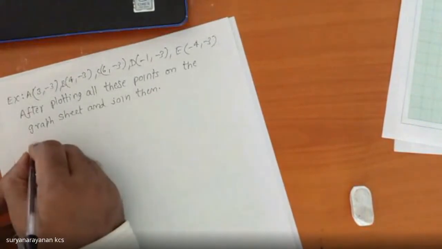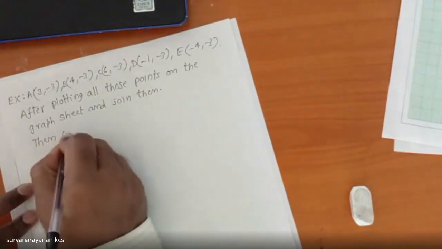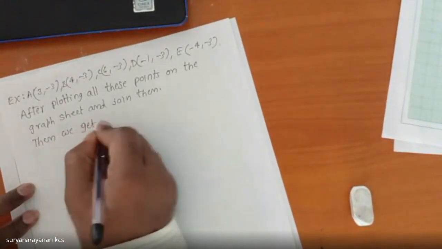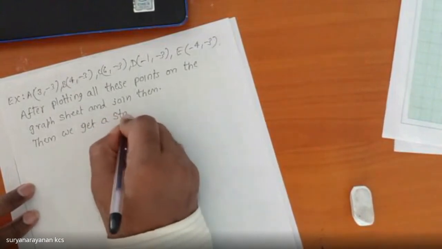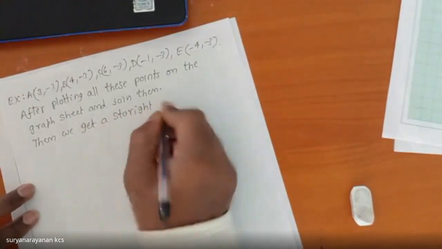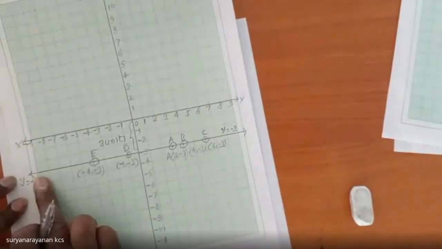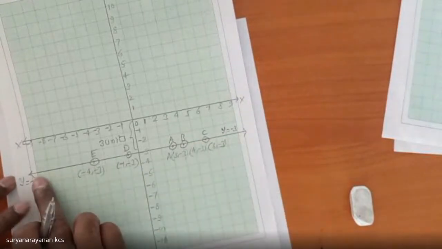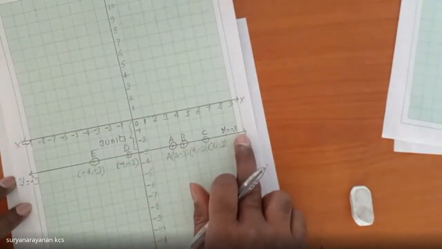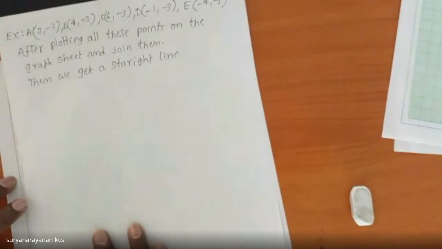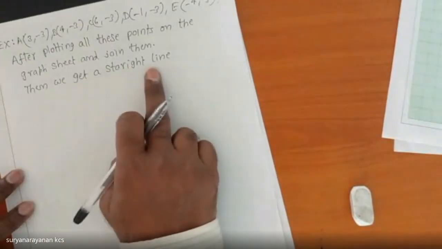Then we get a straight line. What is the graph of this curve? It is a straight line.